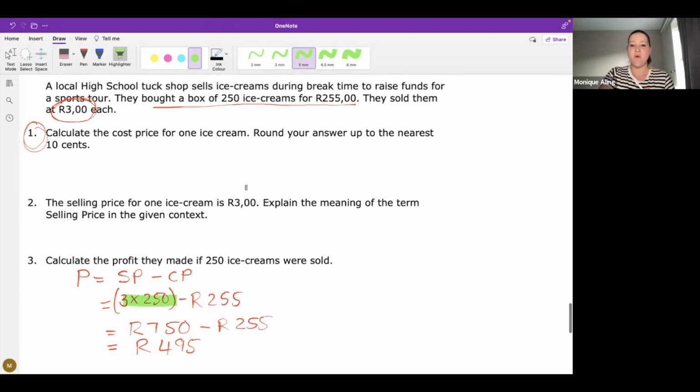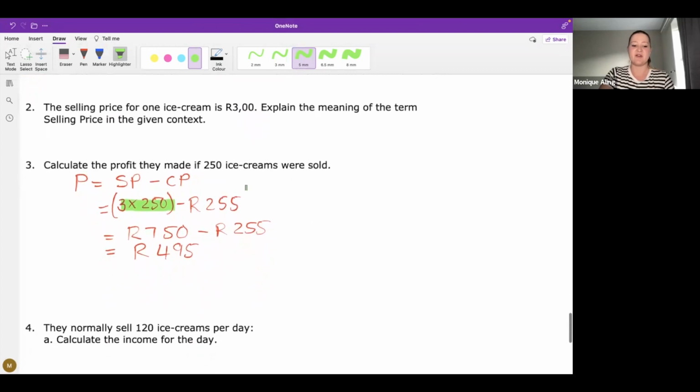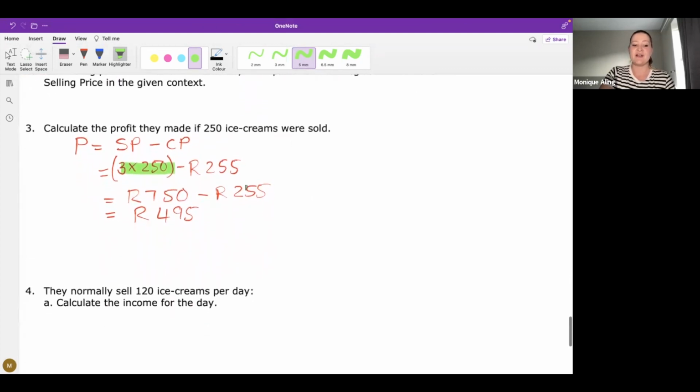Okay, let's try one last question for today. If you still need help with question 3, let me know in the chat. So 4A is going to be our last question for today.